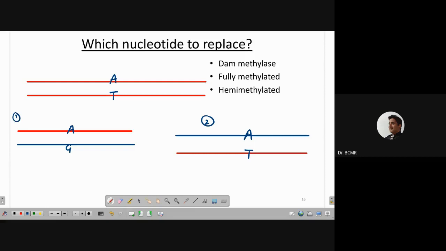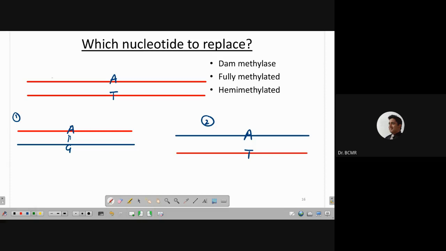In the first DNA molecule, there is a mismatch. What is the mismatch? A is base paired, or A is in the location opposite to G. Which one is the wrong one that is added?